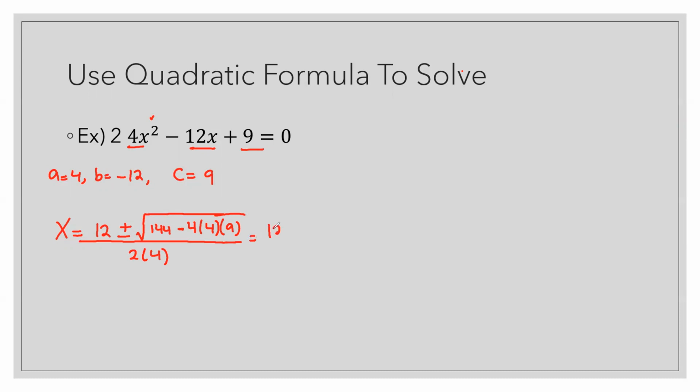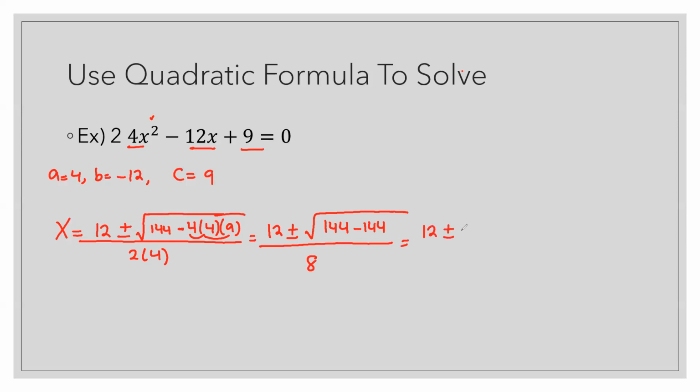So that simplifies to 12 plus or minus negative 4 times 4 times 9, which is negative 144, all over 8.